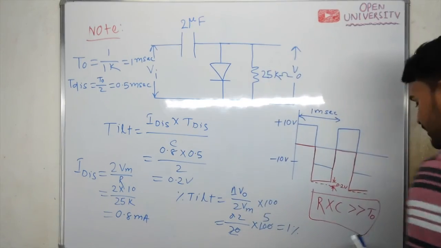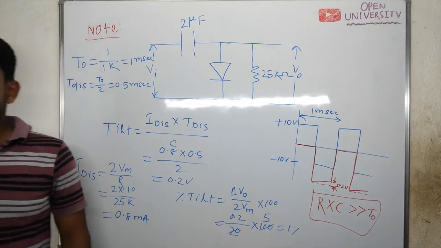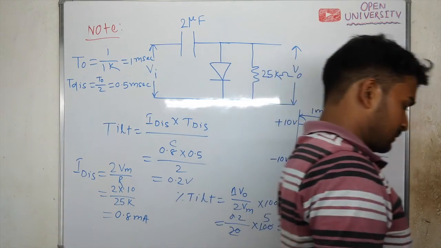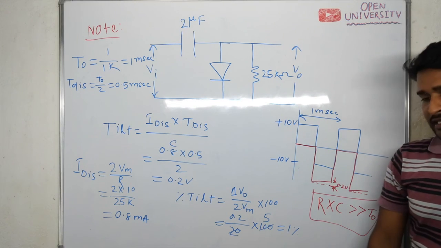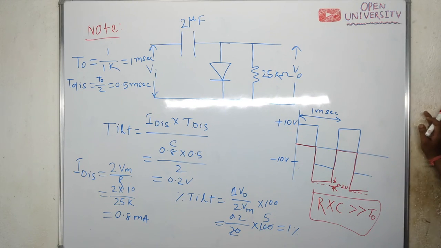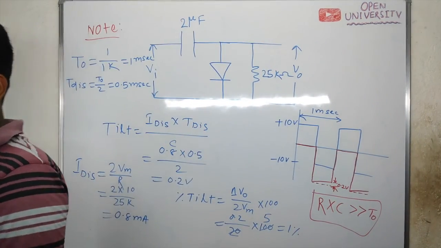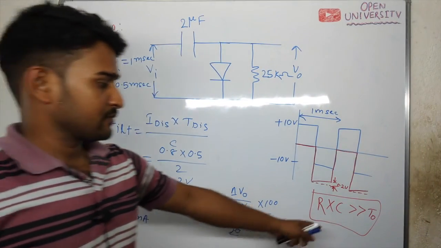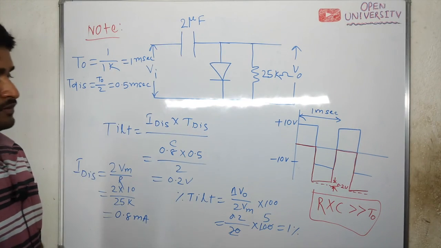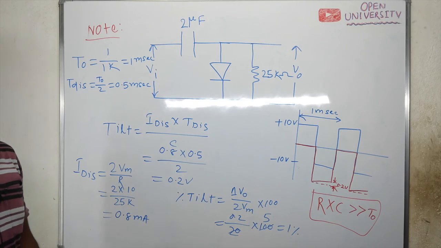In a practical clamper, resistor R is selected such that its discharging time constant R into C must be much greater than T naught, where T naught is the time period of the input signal.